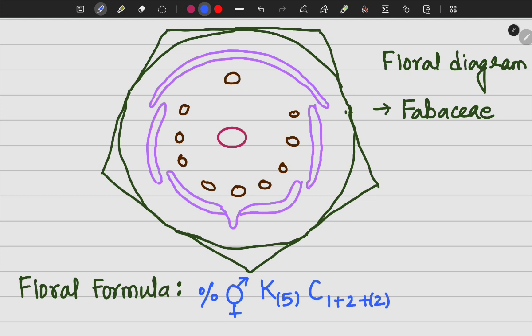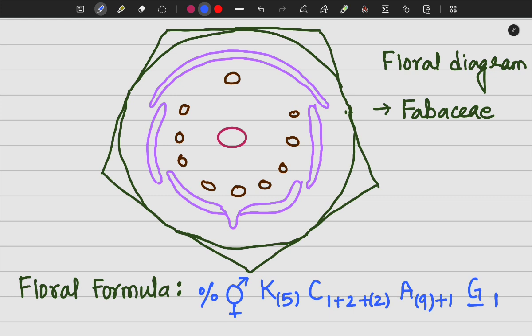So it is written like this: 1 plus 2 under bracket. After that we write about androecium. Androecium shows a diadelphous condition with 9 stamens fused plus 1 single stamen. Then gynoecium, we studied that the ovary is superior and monocarpellary. So we will write it down like this. So this is the floral formula for Fabaceae family.